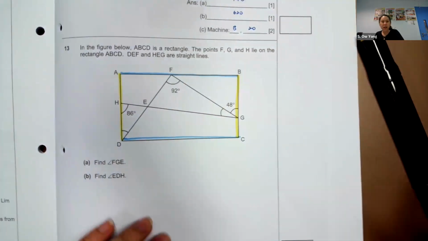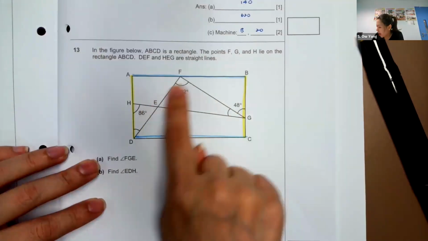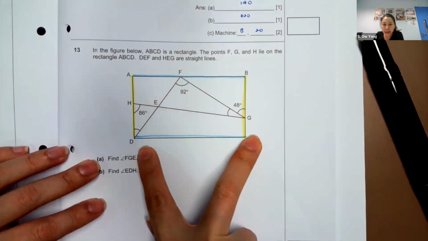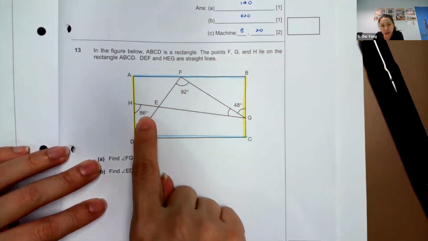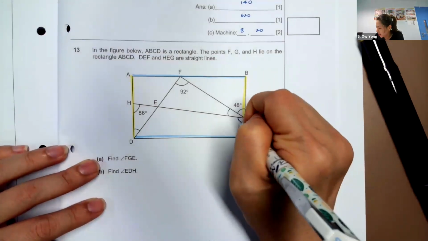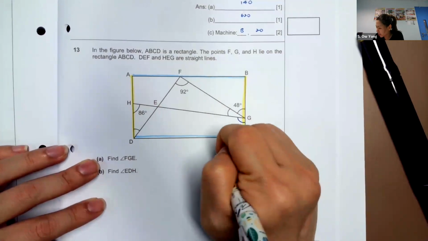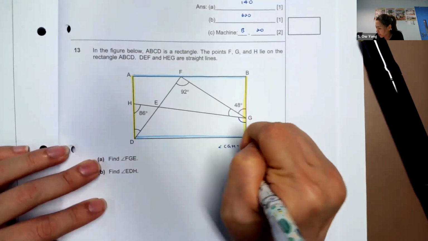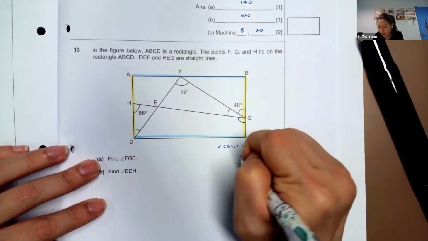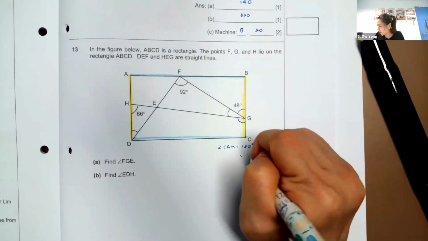The angle FGE is somewhere here. Now take a look at the yellow parallel lines. How can I make use of my 86 to get the angle CGH here? Yes, you take the sum of angles between a pair of parallel lines to get 94.